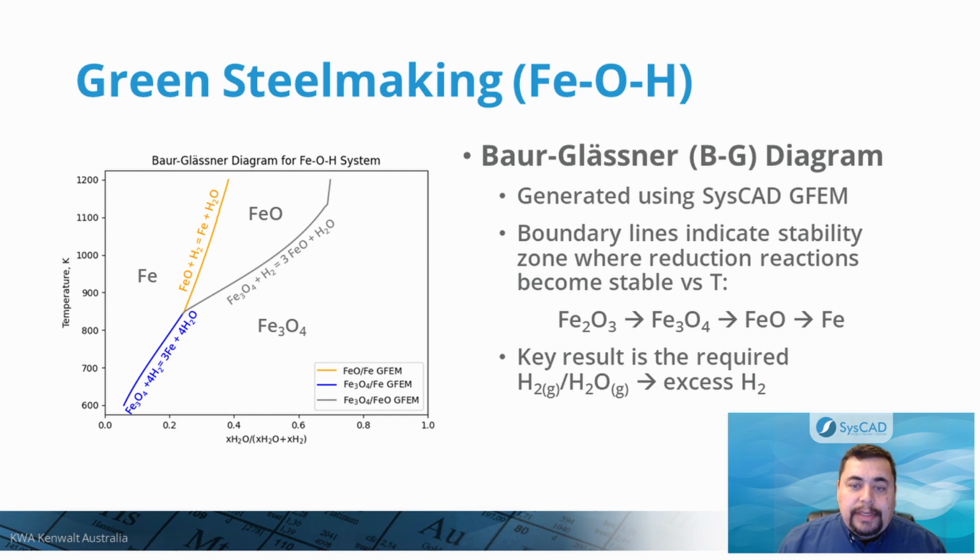The main issue here is that to produce metallic iron, for example, at 1000 degrees Kelvin, almost 70% by volume of the gas must be hydrogen. Of course, this means that not all of the hydrogen that enters the system will be consumed, and a high circulation load of hydrogen is required to maintain the low oxygen potential to produce iron.